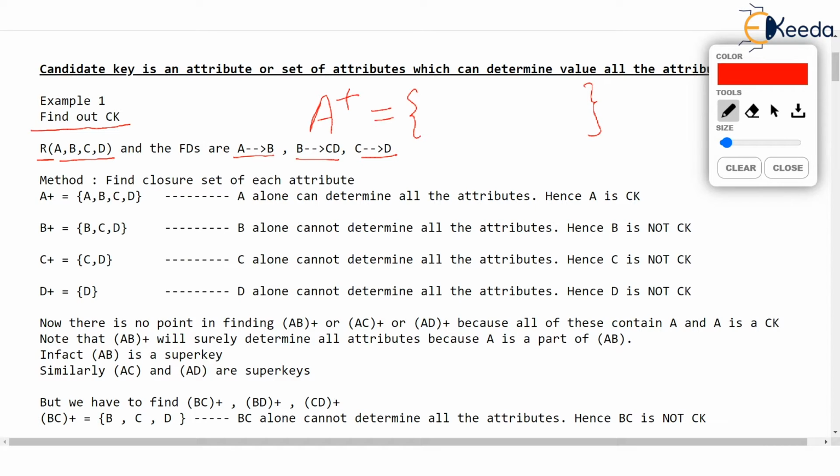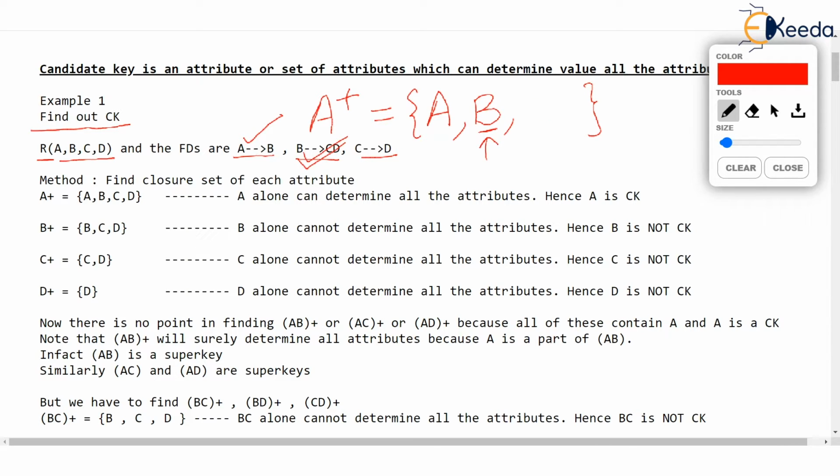So looking at the dependencies, first of all, A closure will contain A itself because A determines A. Then using the first dependency, A determines B, which I have ticked. Because A is there in the closure set, it will bring B into the closure set. And now as B has arrived in the closure set, this dependency which I am ticking here, B determines CD, will bring C and D also.